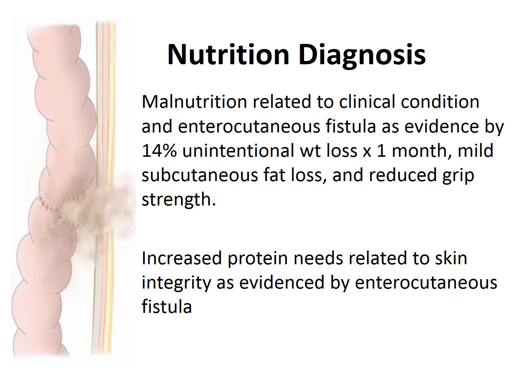Last, it was noted through the reduced grip strength, and that was the average of a 5.2, which indicated severely reduced. The other nutrition diagnosis that was included was the increased protein needs related to skin integrity, as evidenced by the enterocutaneous fistula. So again, we note the fact that up to 75 grams of protein can be lost abnormally through that fistula.